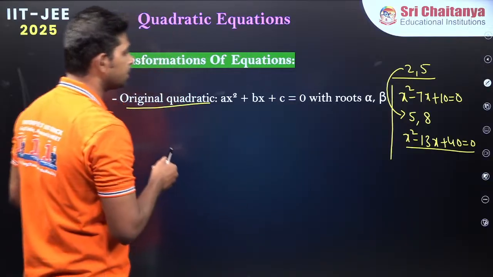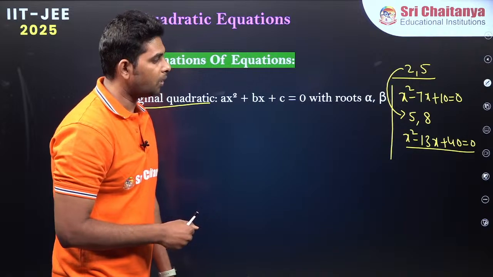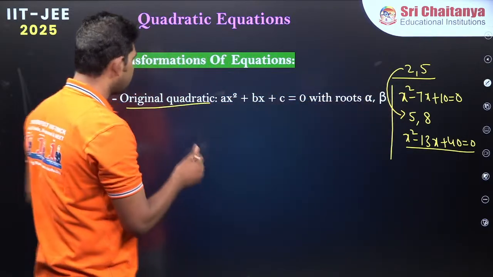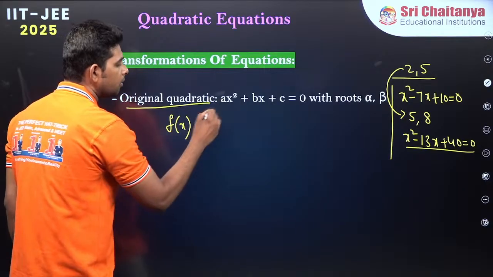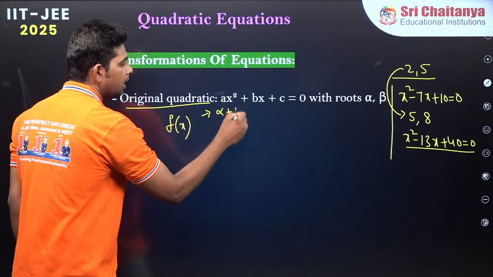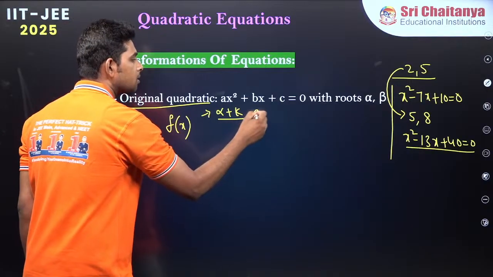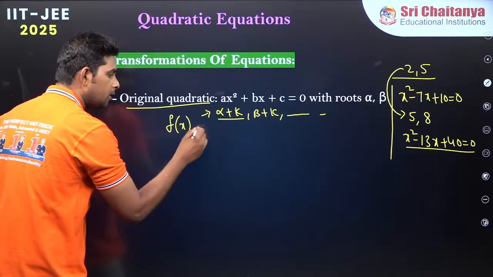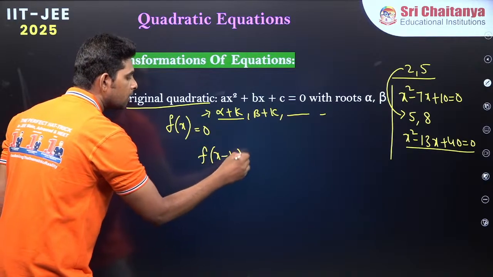You can check here. Writing x square minus 13x plus 40 is simple because it is quadratic. But if there is an equation f of x and you are adding some constant to all the roots, alpha plus k, beta is also one root, gamma is also one root, like this, then your equation will become f of x minus k is equals to 0.